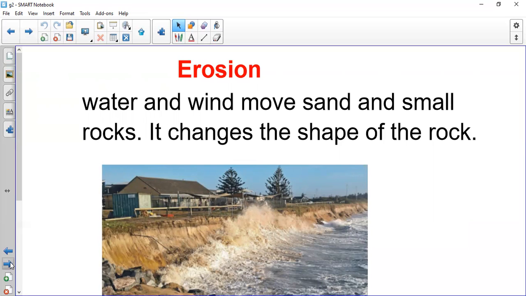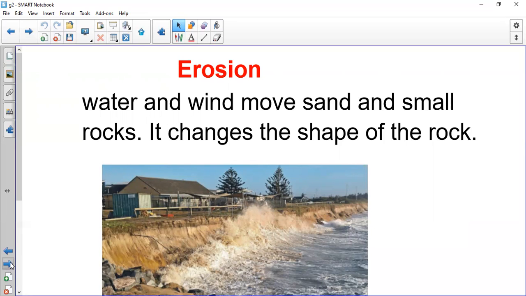So here we have erosion. What is erosion? Erosion means water and wind move small rocks. So weathering, break; erosion, move.